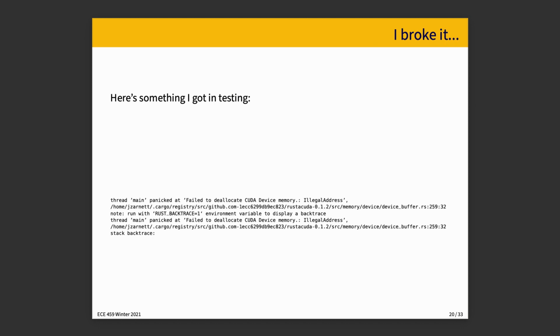Here's an example of something I got in testing because I got something wrong: thread main panicked, failed to deallocate CUDA device memory, illegal address. This happened in the Rust code, but it was a problem in the kernel that I wrote, so I needed to correct the kernel. That's also a good hint: if you see a panic in CUDA something or other, check carefully to be sure that it's not a problem in the kernel and that your host code, the Rust code, is okay. Could be either one.